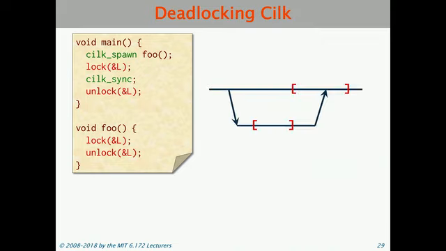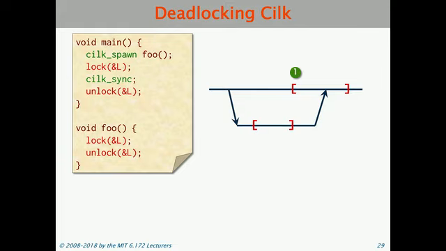So what happens here? The locking I've done with an open bracket and the unlock, the release, I'm doing with a closed bracket. So I'm spawning off foo, which is the lower part there, locking and unlocking, and up above I'm locking and then unlocking. So what can happen here?